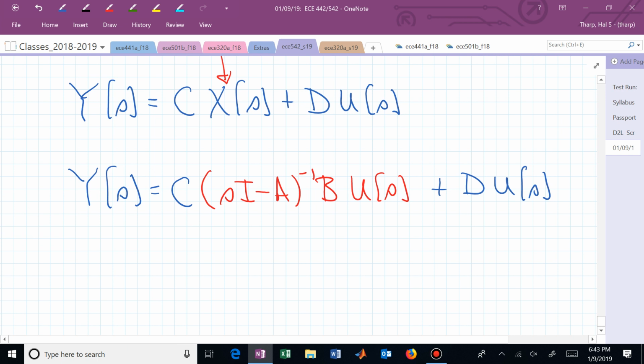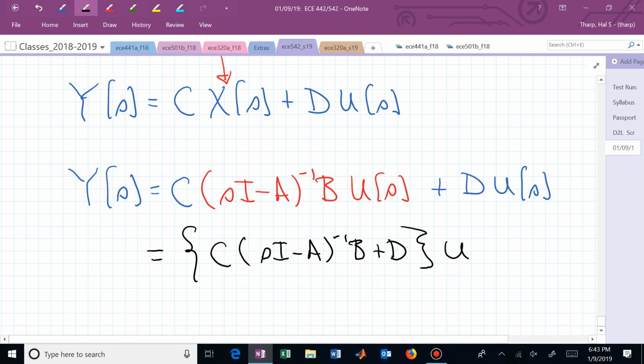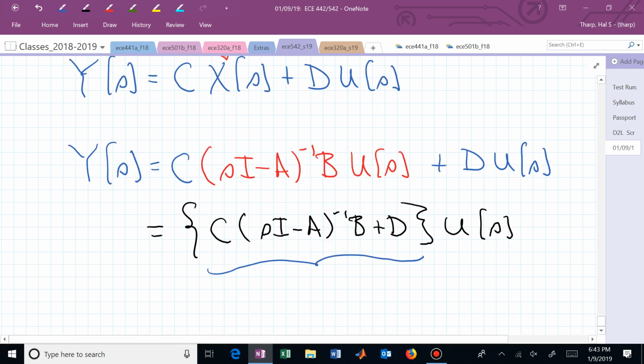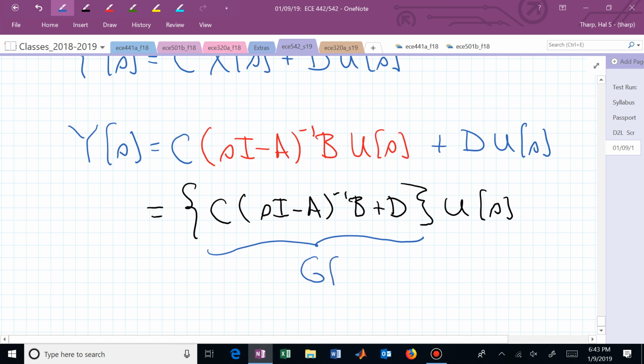And now I have my answer. I have C times sI minus A inverse B plus D, all times U of s. There is my transfer function.